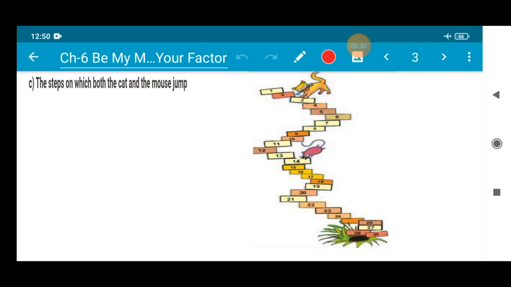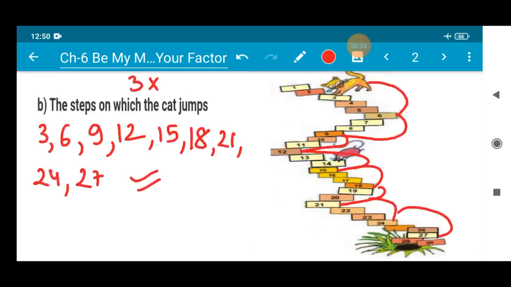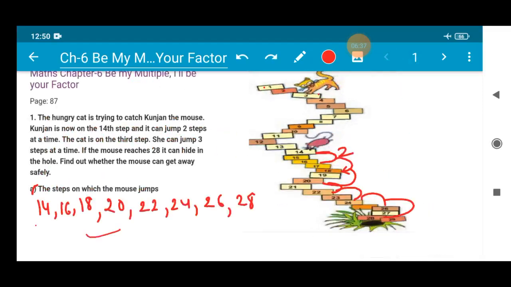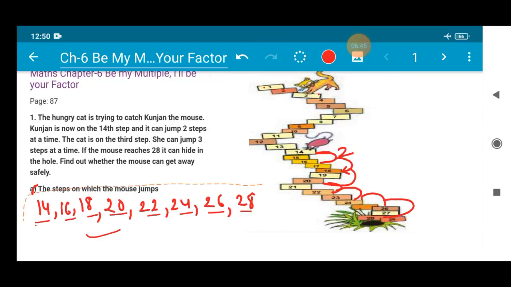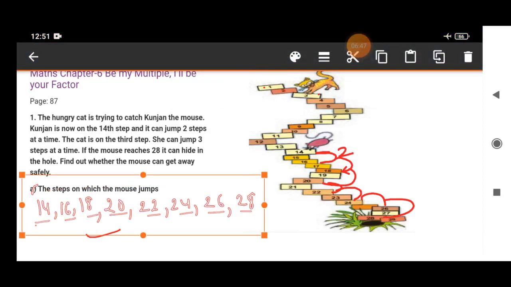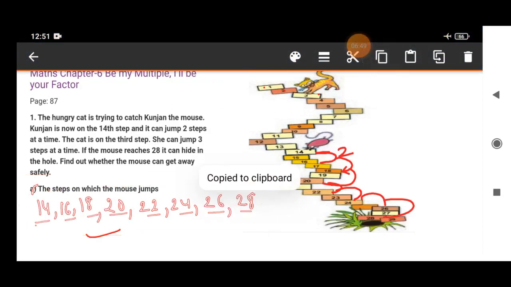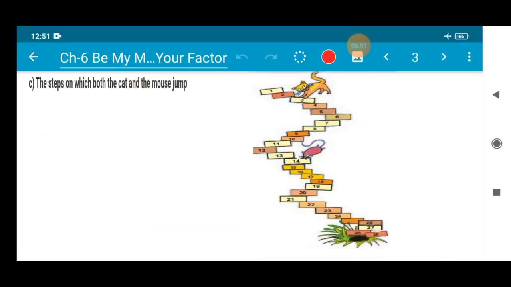The steps on which both the cat and the mouse jump. You can have a look at the first question. In the first question we got 14, 16, 18, 20, 22, 24, 26, 28 as the numbers. So let me copy this over here.